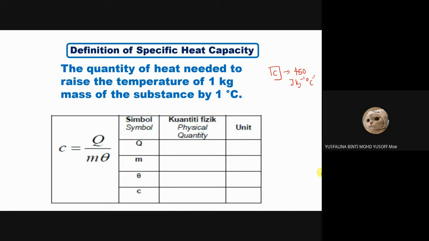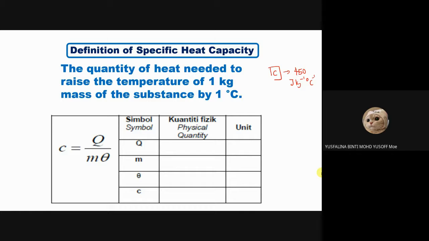Because the mass must be 1 kg. Just now for the heat capacity, the mass can be anything, right? But for the specific, the mass of the metal or the object must be 1 kg, and then the amount of heat to increase that 1 kg of object by 1 degree Celsius. How much energy you will give to the object.